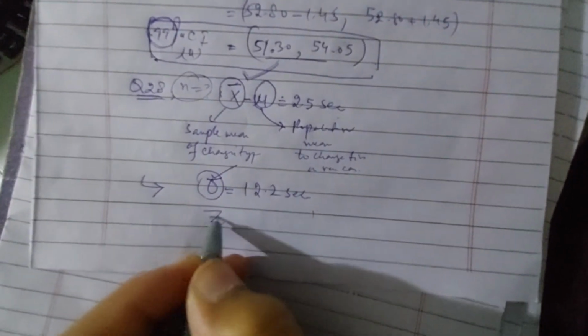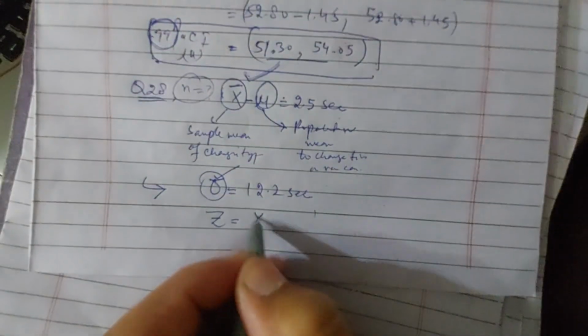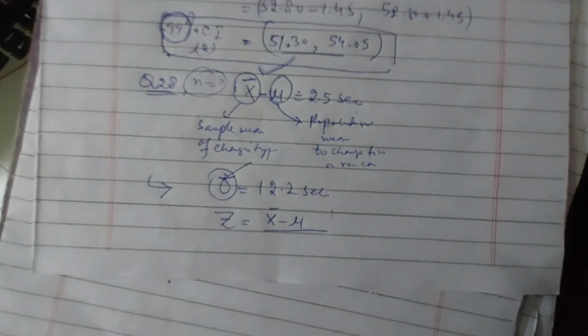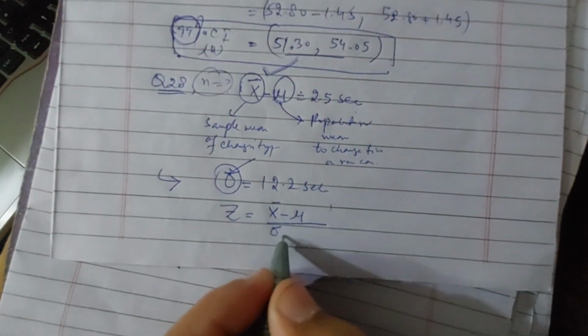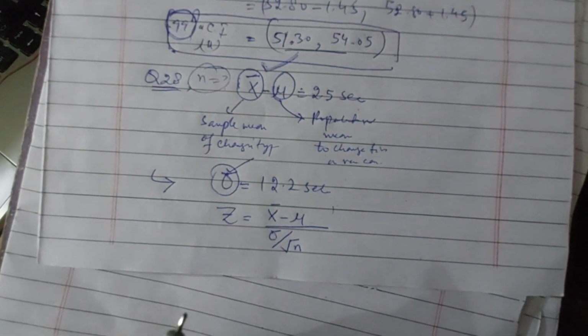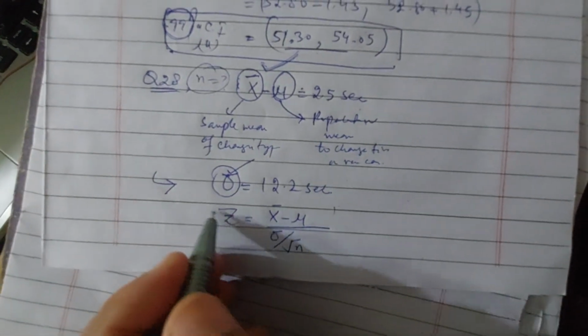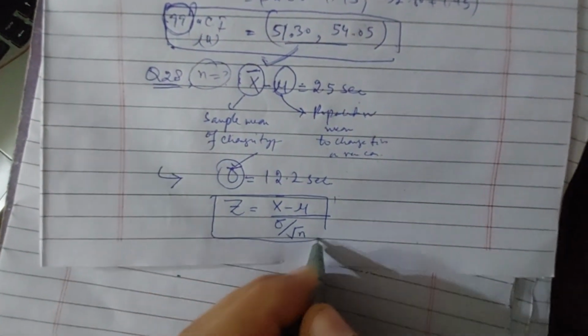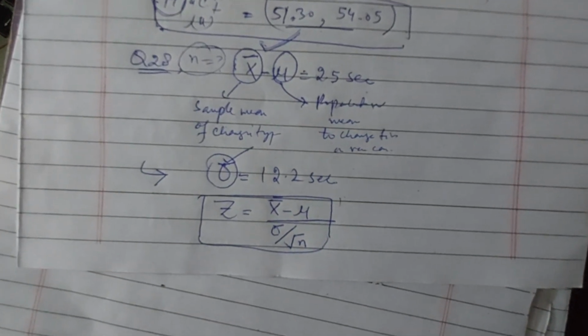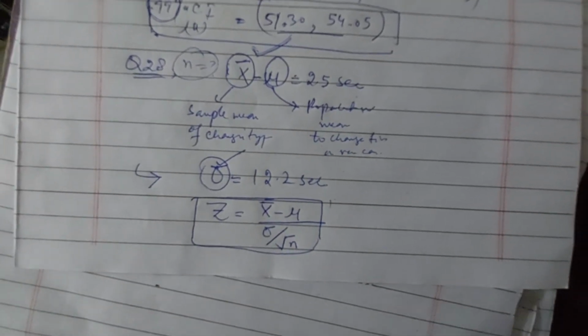We know that z is equal to x bar minus mu divided by the population standard deviation divided by the square root of n. This is a basic formula that you should know.